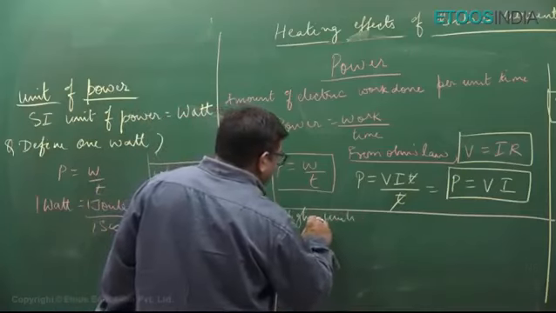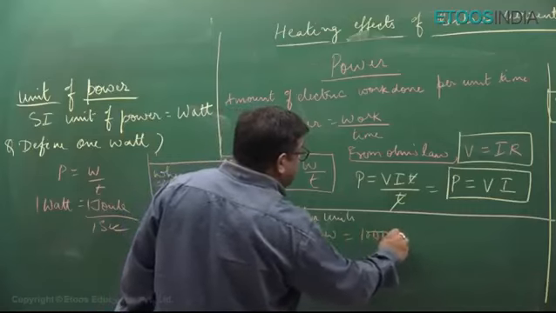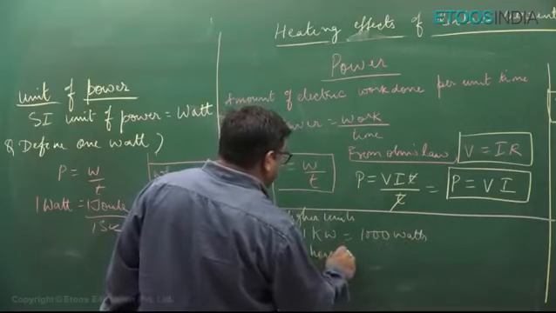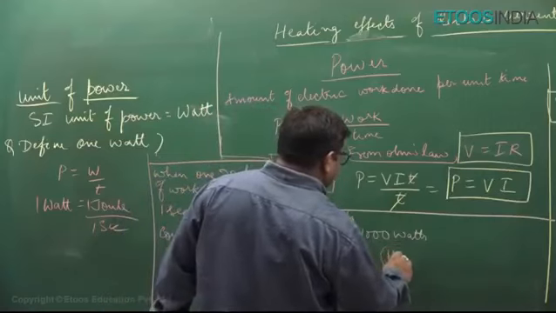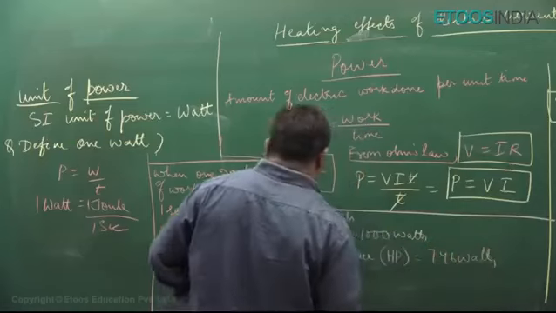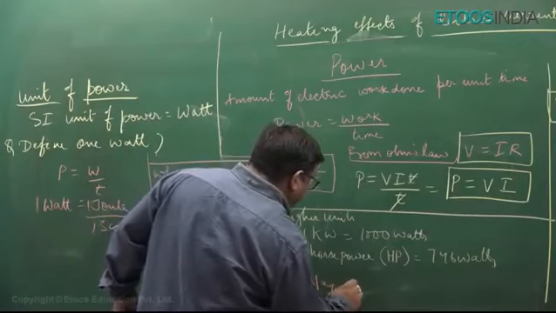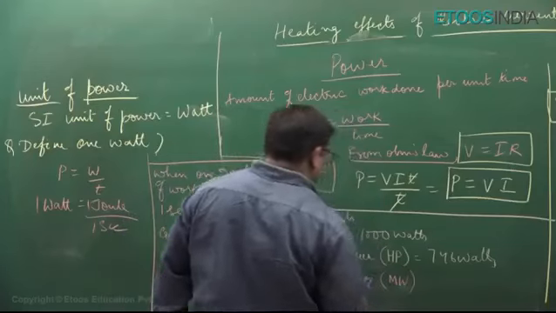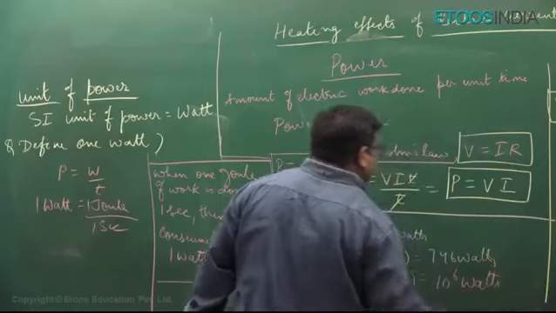It is kilowatt, that is 1 kilowatt is equal to 1000 watts. 1 horsepower, that is HP, which is 746 watts, and 1 megawatt, that is MW, which is 10 raised to power 6 watts.